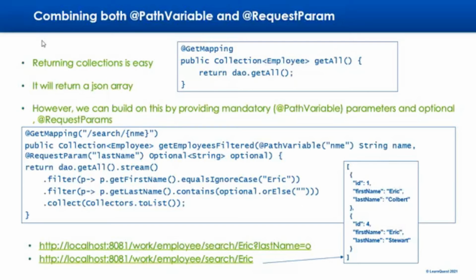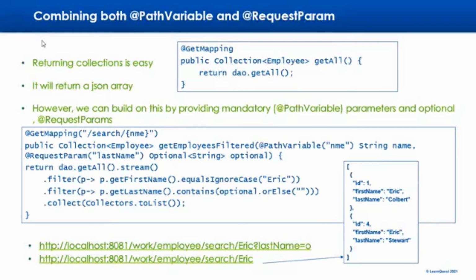And I'm using that optional request parameter to filter an existing collection coming back from an injected DAO. If it contains something optional, I will use it. Otherwise, I just say, does the last name contain something, anything really, an empty string.